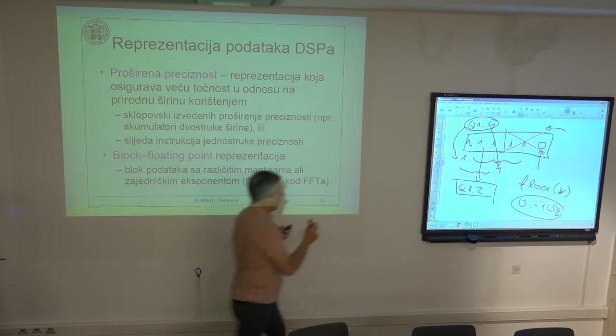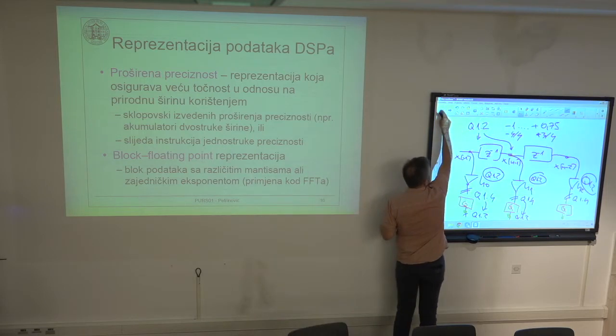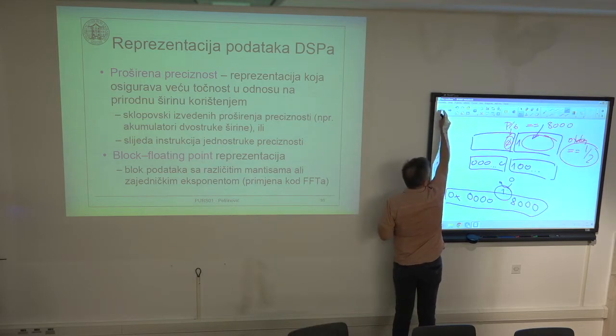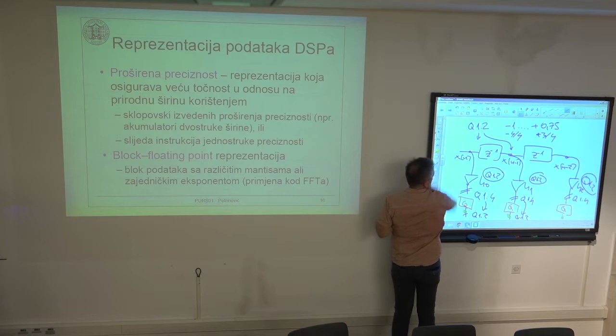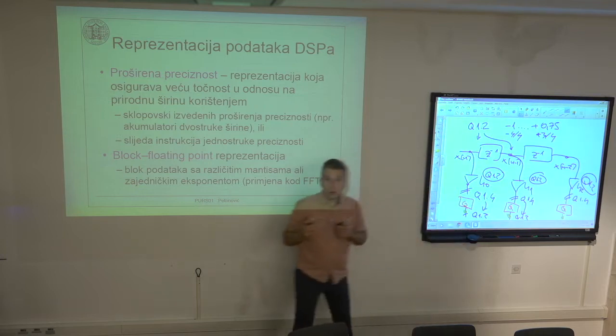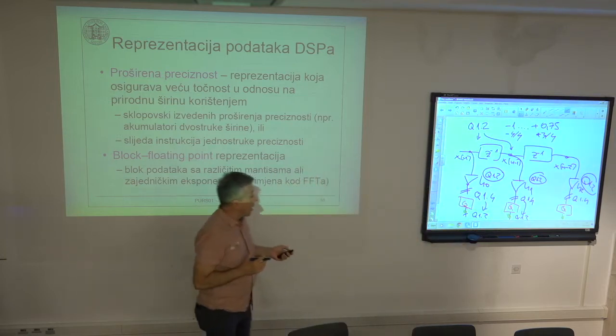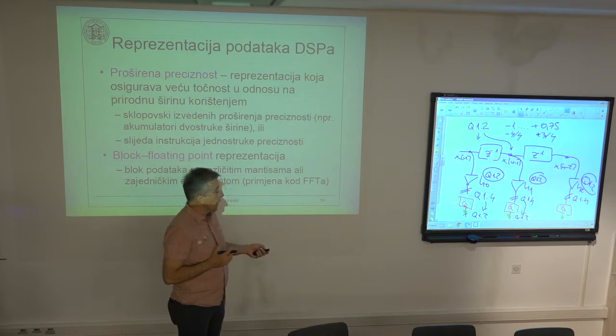Then, going back to this first figure, the question is, why would I do it this way? Why would I insert the quantizer first and then the adder?